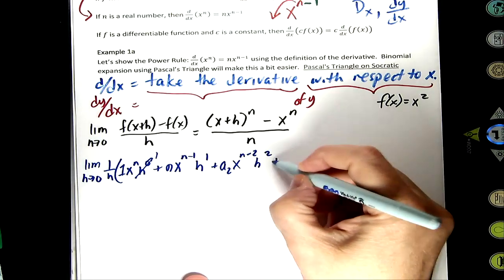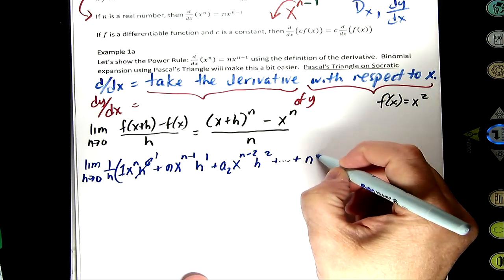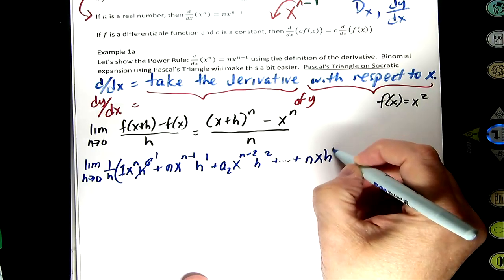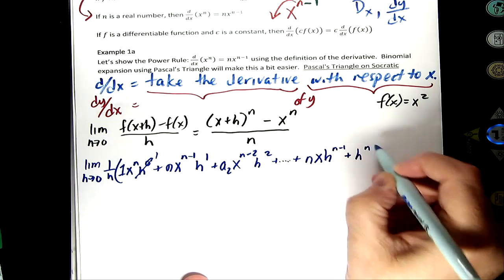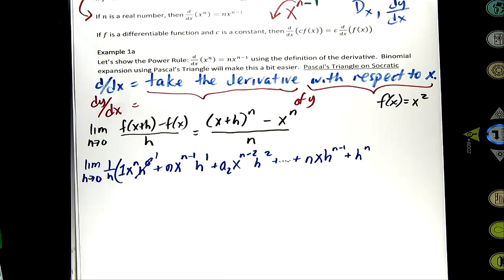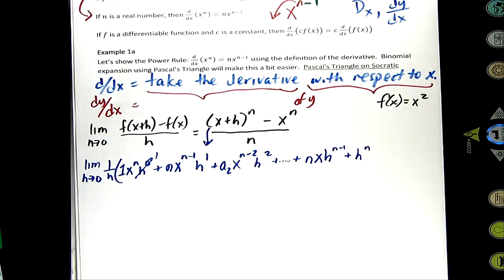I do know when we get down to the n again, it's n down here, x, h to the n minus 1, and then finally h to the n. That is the binomial expansion of x plus h to the nth power.